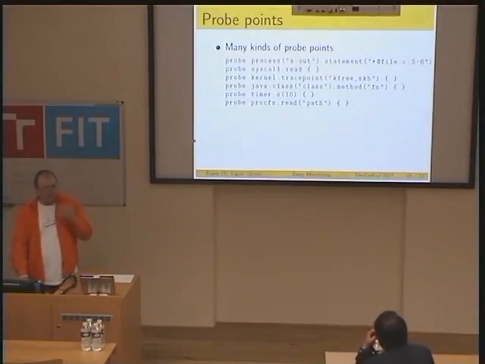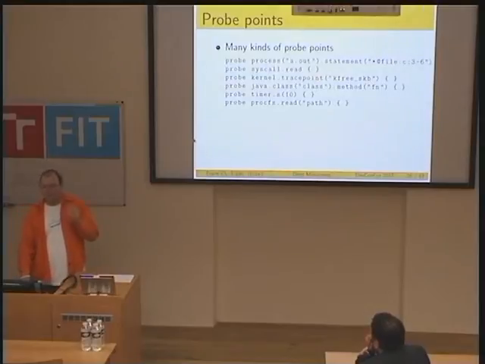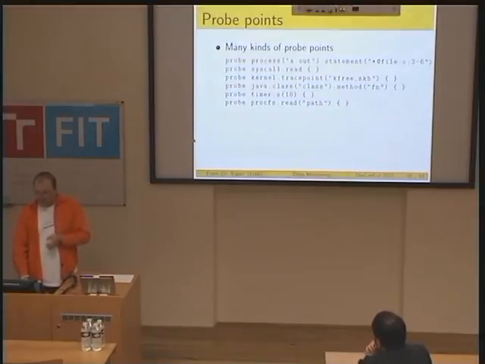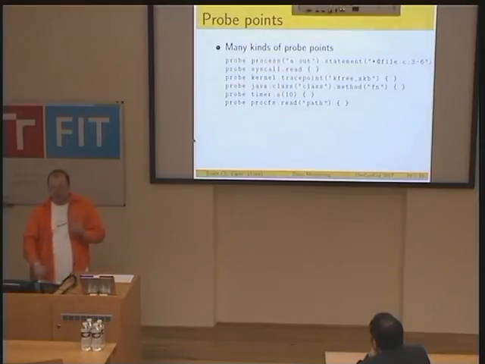Anything that can be phrased as something happening, perhaps with parameters, like a function that got called and has parameters, or a statement got executed, or a performance counter overflowed because we had too many cache misses, can generally be represented as a Systemtap probe point. It has a little naming syntax to identify them. A single Systemtap script will have one or more, generally many more, of these probes, because generally we're interested in multiple events and coordinating between them.